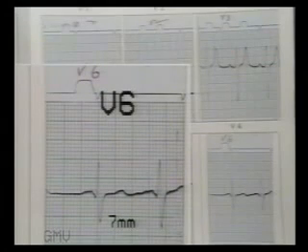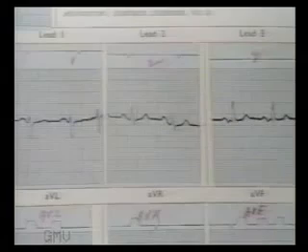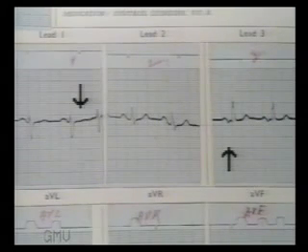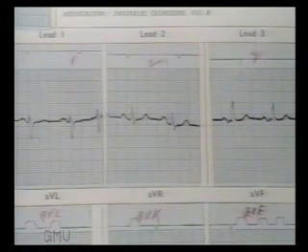So right ventricular hypertrophy is present. Now look at the limb leads. Imagine lead 1 above and lead 3 below. Right reaches, so right axis deviation is present, and the P wave in lead 2 is wide as well as tall, suggesting biatrial hypertrophy.